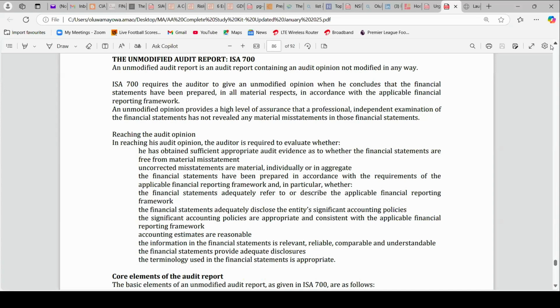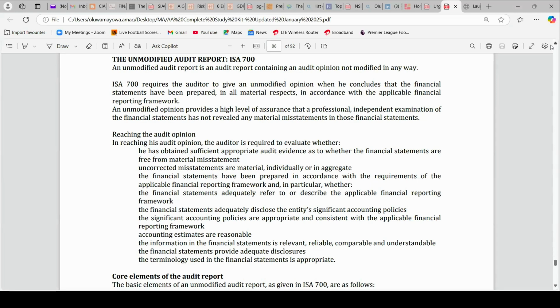We've also said there are forms and content, some things that should be in written representation. It should contain the responsibilities of management when it comes to preparation of financial statements. It should also speak to the fact that they've applied the appropriate standard and all of that.